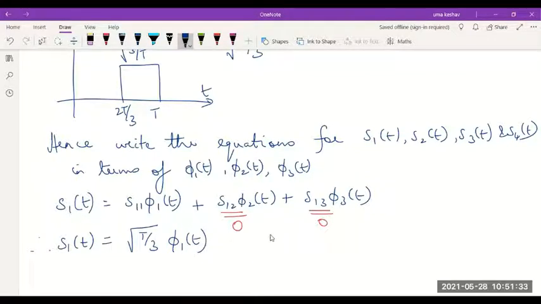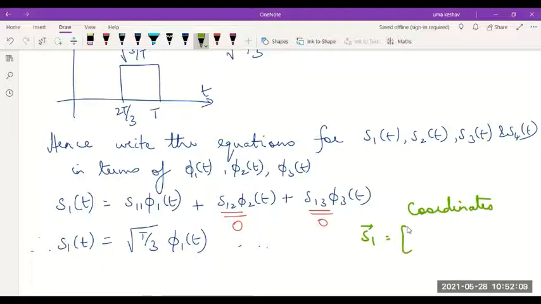Or we can also list the coordinates. What will be the coordinates of the vector S1? We have a 3-axis system which we have to draw whenever we draw the constellation diagram. Remember, I have phi 1, phi 2, phi 3. I have 3 orthonormal basis functions. So I should draw it along 3 perpendicular axes.